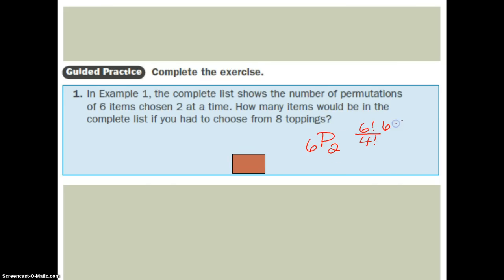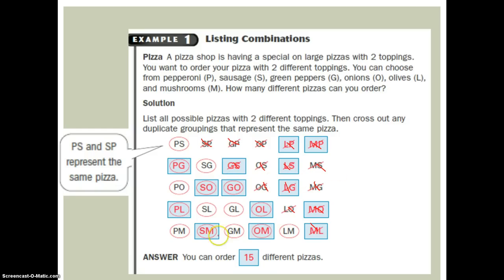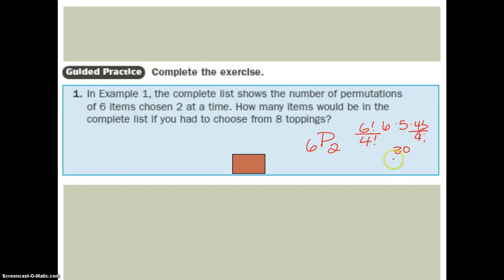This is 6 times 5, and then we can take off the 4 factorials. So you have 30, and you can see that all of this was 30. But then we took half of it off, and that was 15.